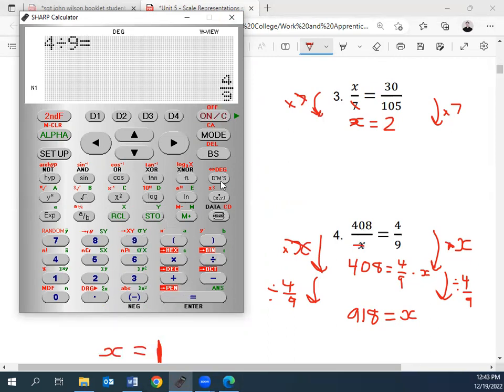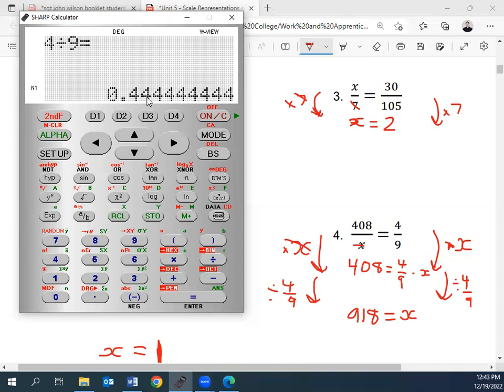4/9 is less than 1. So how many of these fit in? Most of the time when you divide, something's going to get smaller. If it's by a decimal, it's going to get bigger.